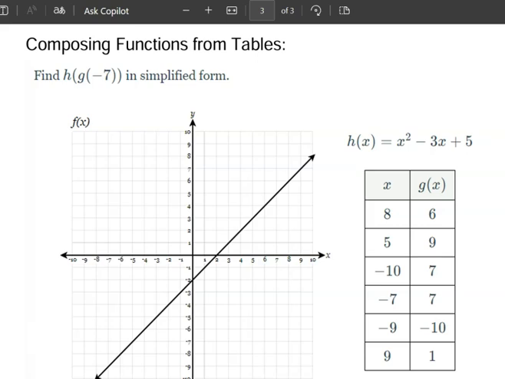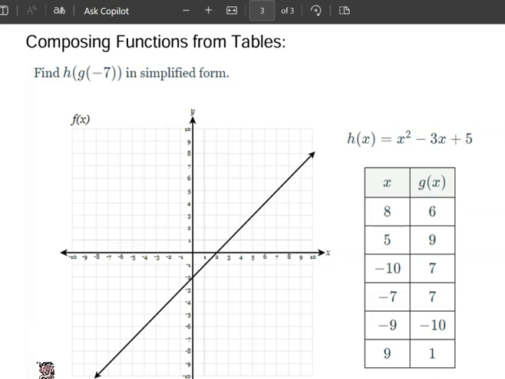Composing functions from tables. Find h of g of -7 in simplified form. First, we want to find g of -7. That one we want to look at the table. The g formula is the table. When x is -7, the output is 7.